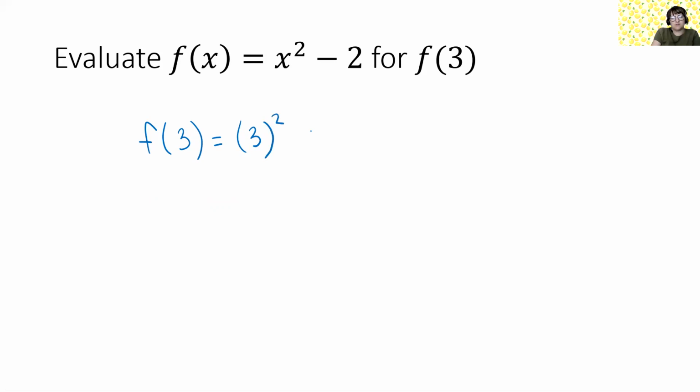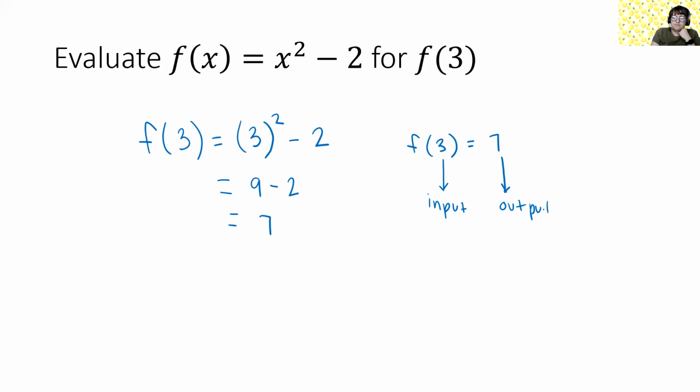So we're just replacing x with our input, performing our rule. 3 squared is 9 minus 2 equals 7. And the way we might state our answer is f of 3 is equal to 7. And when we say this, what we're saying is when we input 3 into our function machine, it's going to output 7.